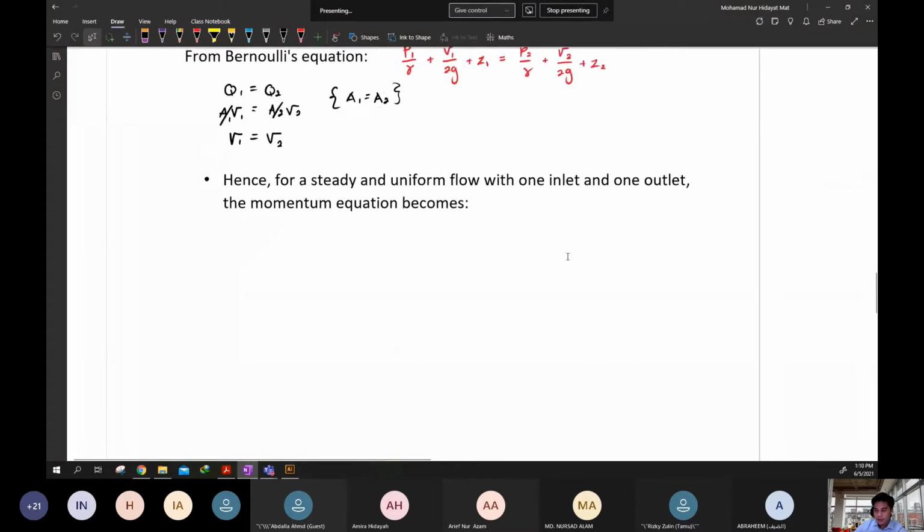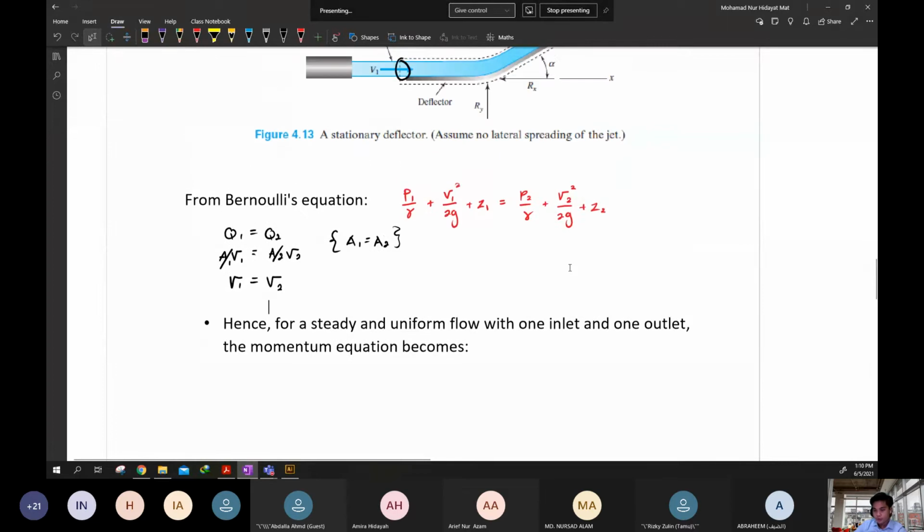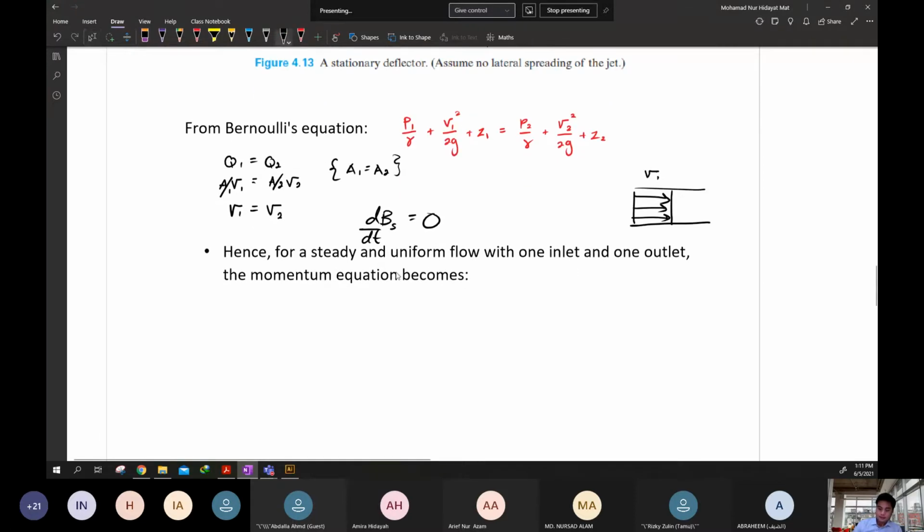When we deal with steady and uniform flow, do you still remember what is the uniform flow? The velocity profile is constant. This is what we call a uniform flow. And it is steady. Steady means d/dt of the system equal to 0. This is based on the Reynolds transport theorem, RTT.